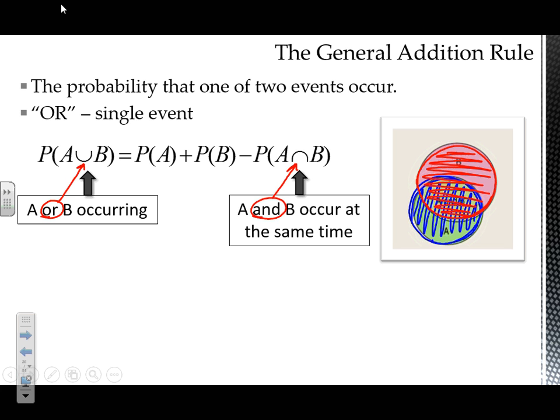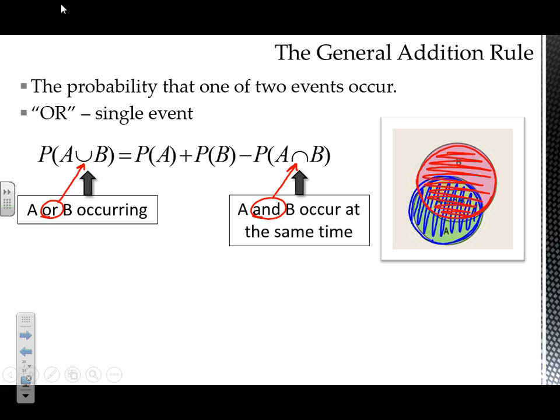So since I have these values counted twice, I need to take one of those sets out. Because I'm double counting this area, I need to subtract one of those pieces out. That's why we subtract the probability of A and B, to get rid of any double counting.